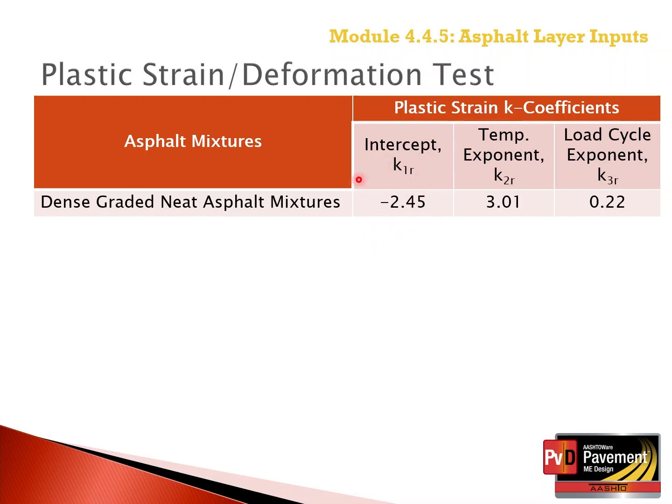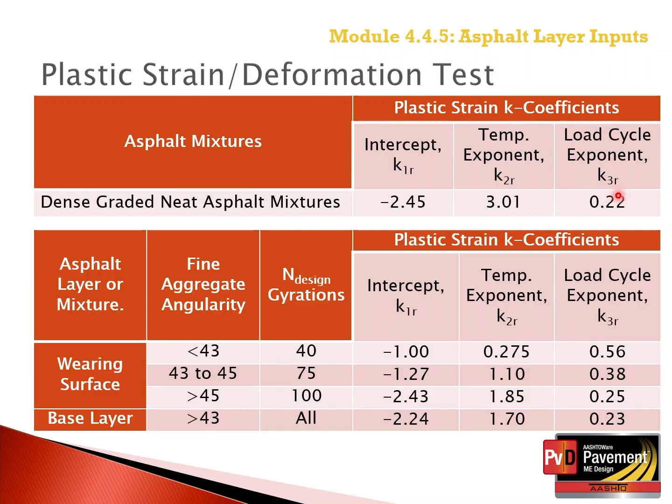So the intercept K1 is negative 2.45 in terms of mils per inch, the temperature exponent K2 is 3.01, and the exponent for the load cycle, or in the steady state region, is 0.22.